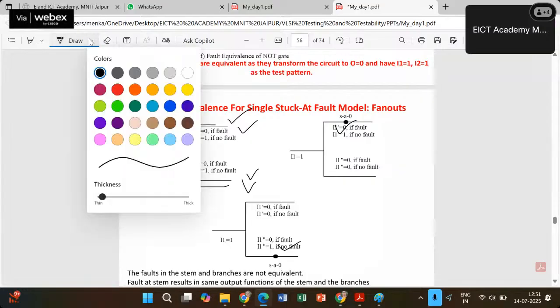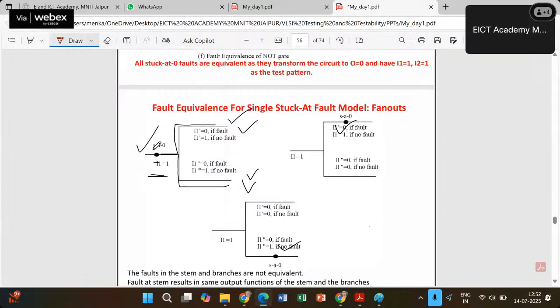But these 3 fault sites will have the same input. Of course, if this is 0, then I have to apply 1. The input is the same for each and every one, right? What about the output? If this was the fault, then what is the output? I am getting output 0 over here and 0 over here. But the true output I was expecting was 1 over here and 1 over here. Let's say this output is x1 and this output is x2.